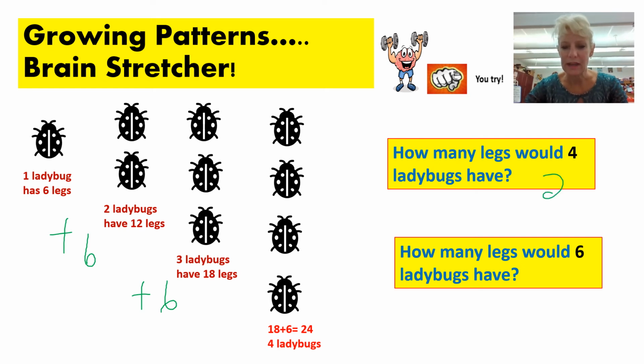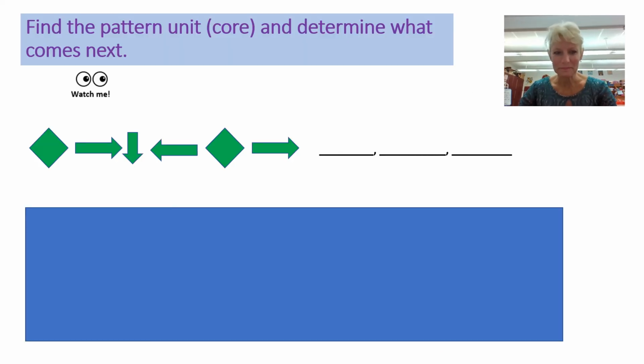So right here I had 24, and then I had to figure out how many were 5. That would be 30. And then in order to figure out how many legs 6 of them would have, I was going to have to take the 30 and add 6, and that gave me 36. All right, so they would have 36 legs if you found 6 ladybugs.